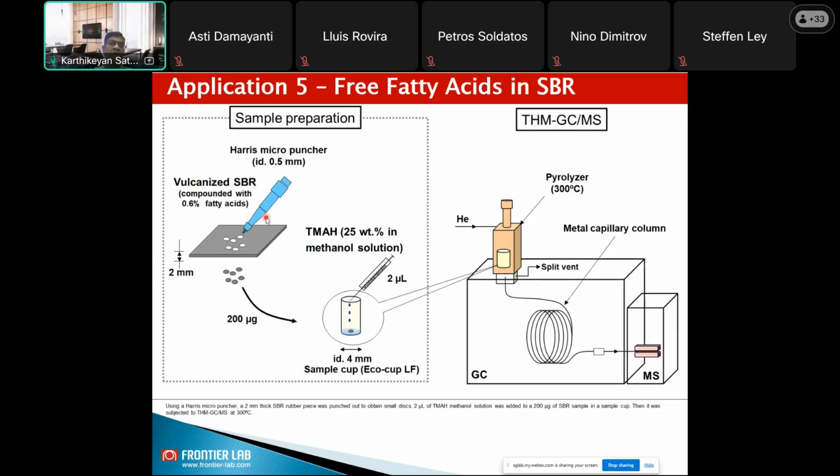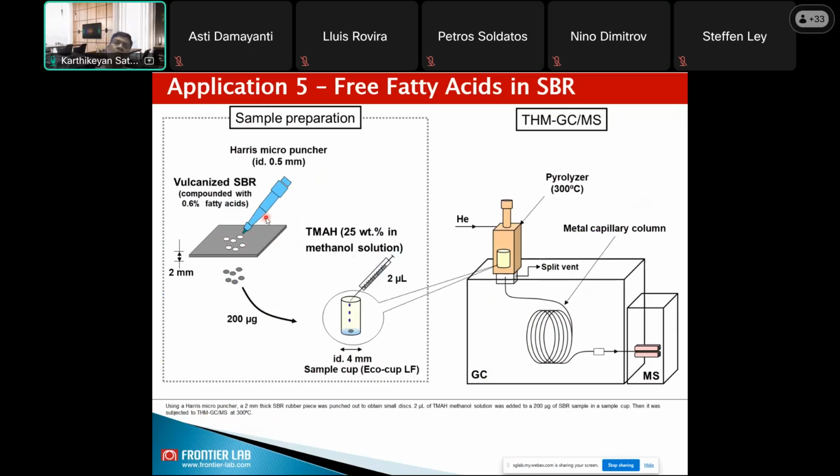One important point to be noted: for reactive pyrolysis, our sample size can be as low as possible. Normally, for standard flash pyrolysis, one may take 100 microgram to 200 microgram, whereas for reactive pyrolysis, 20 to 50 microgram is already considered a good sample amount because of the sensitivity.